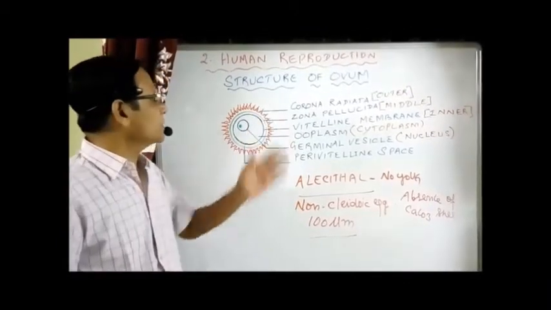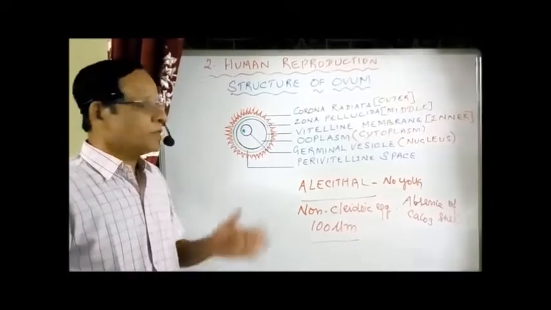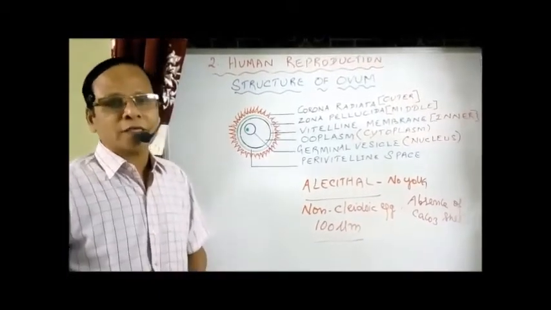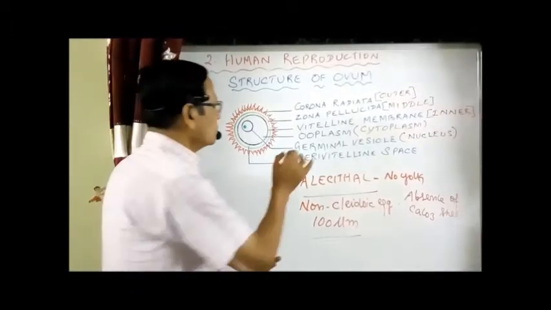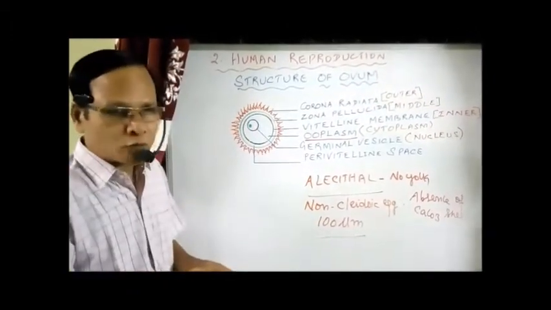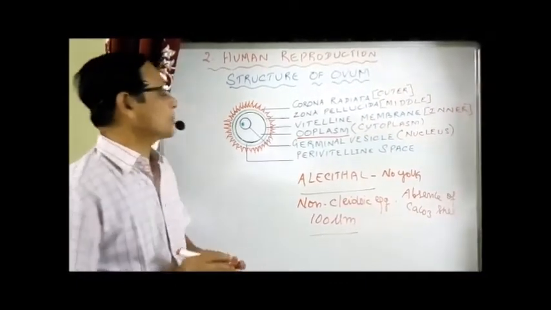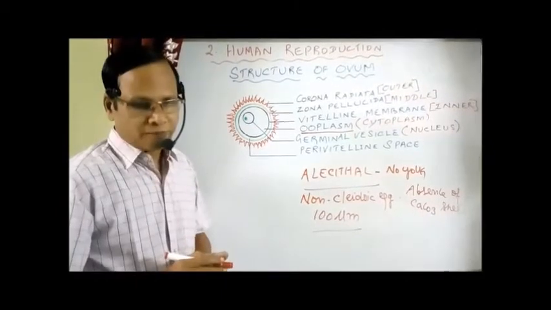Now what are the components we have in the human egg? It is a modified cell having a cytoplasm. The cytoplasm is otherwise called the ooplasm, as it is found in the egg or oocyte. In the ooplasm we have a nucleus.